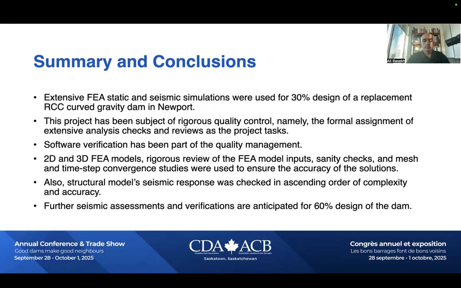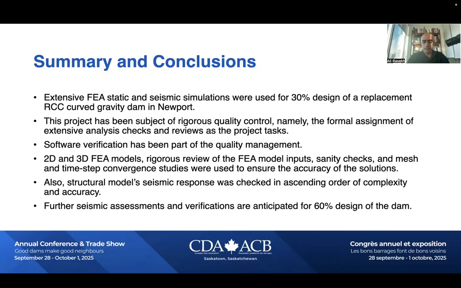Now, going to summary and conclusion. Extensive FEA static and seismic simulations were performed for 30% design of a replacement RCC curved gravity dam in Newport, Oregon. The project has been subject to rigorous quality control, namely the formal assignment of extensive analysis checks and reviews as project tasks. Software verification has been part of the quality management.